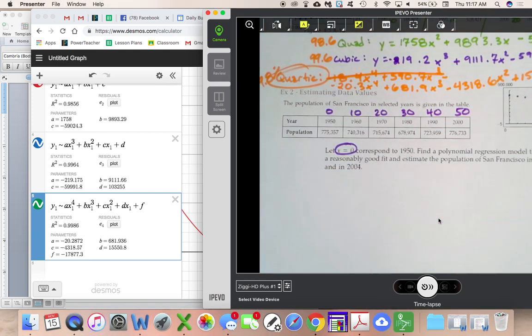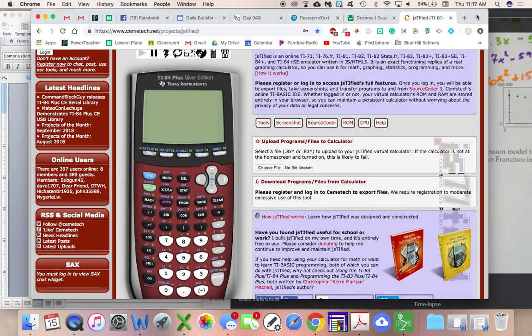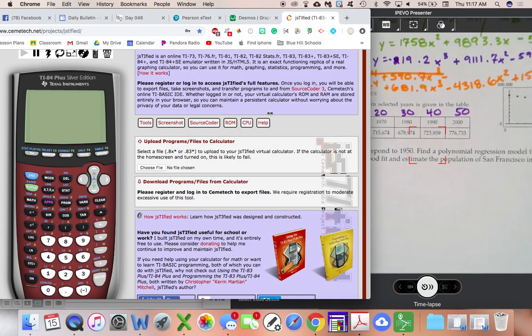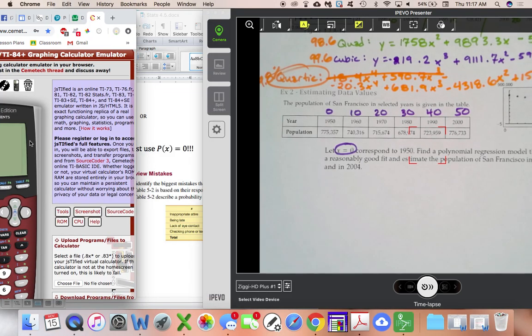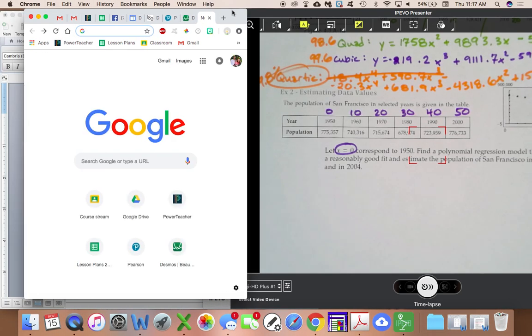Okay, we're going to plug these into the calculator, so I'm going to pull up my calculator here. What you want to do is put these under statistics. So you're going to go stat, edit.